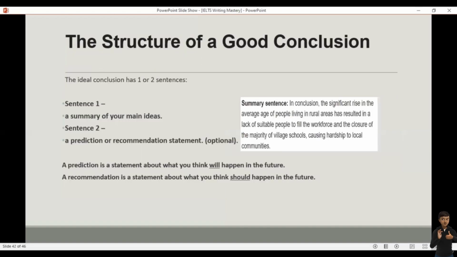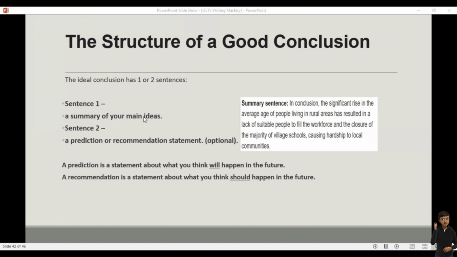Now let's have a look at the conclusion. The structure of a good conclusion includes what we are going to write in our conclusion. All right, so the ideal conclusion has one or two sentences.